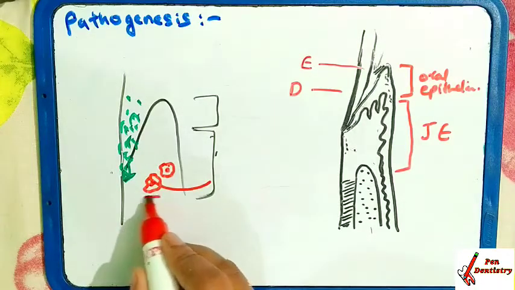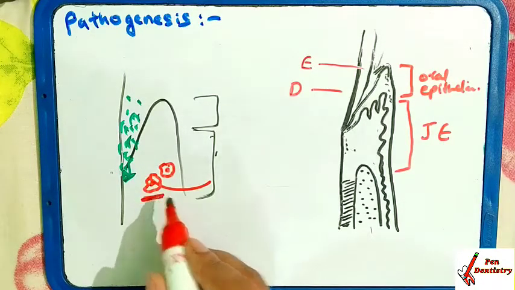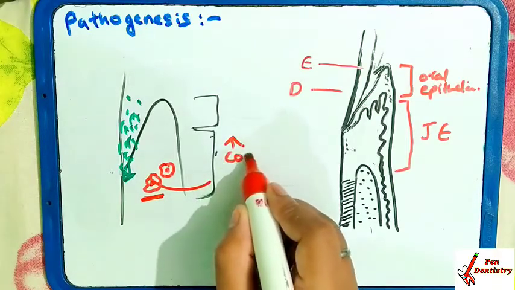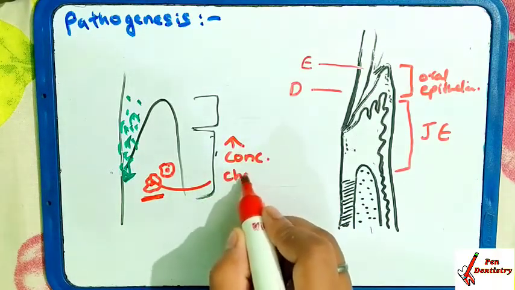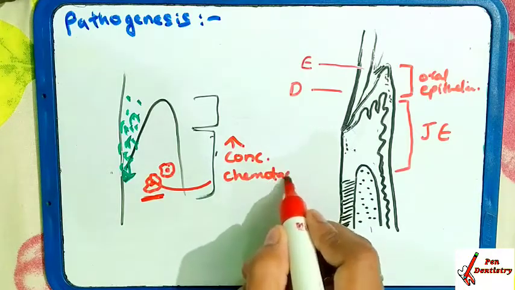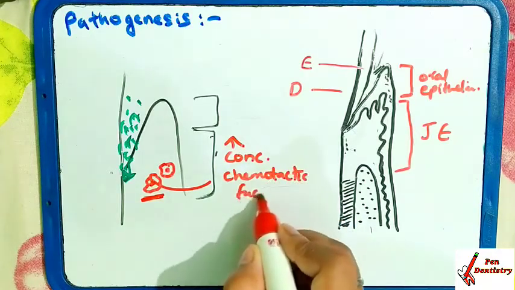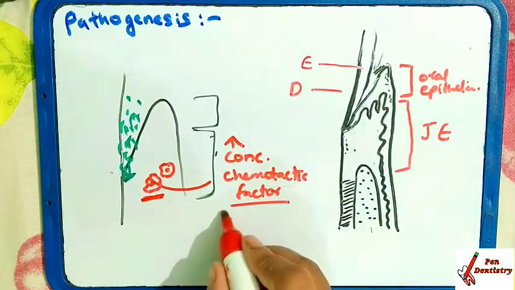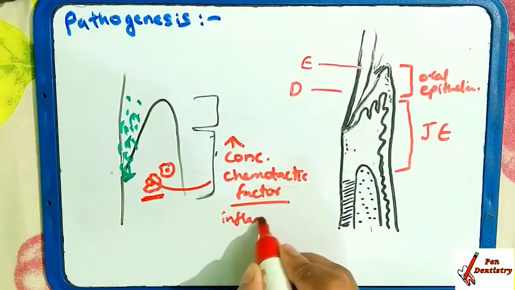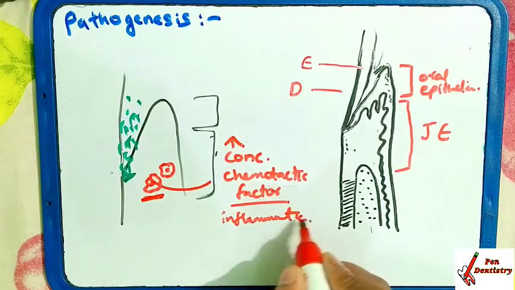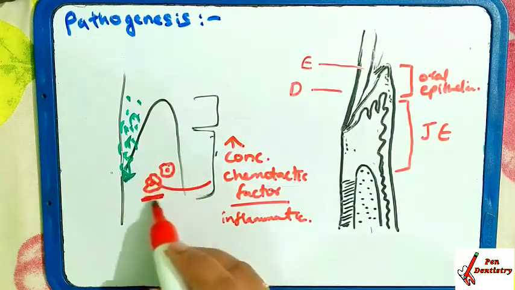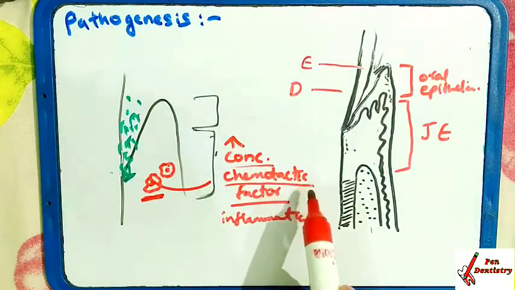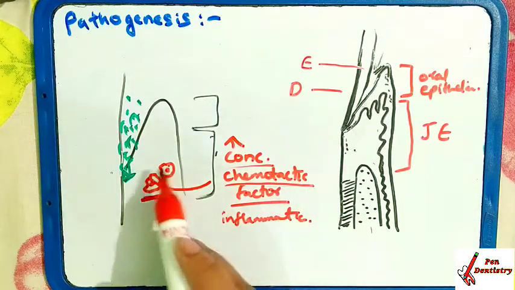What are they going to do? They are going to increase the concentration of chemotactic factor. Okay, this factor is going to increase and the inflammation is going to take place at this region. The concentration of chemotactic, meaning chemical reactions, will be seen.